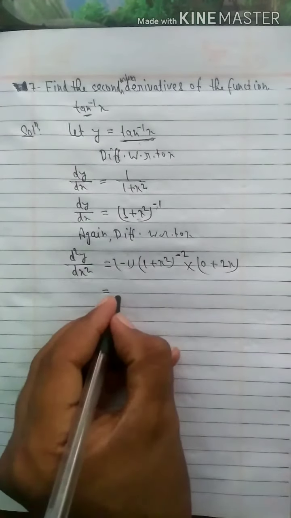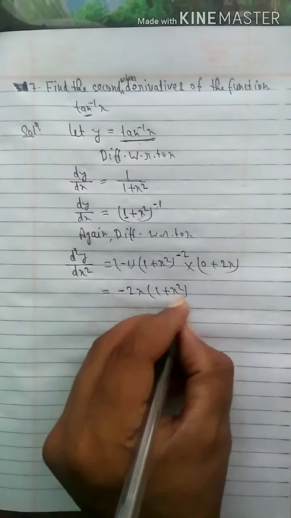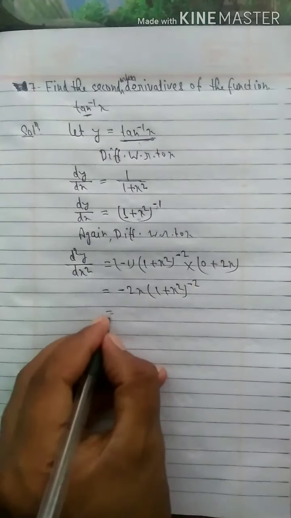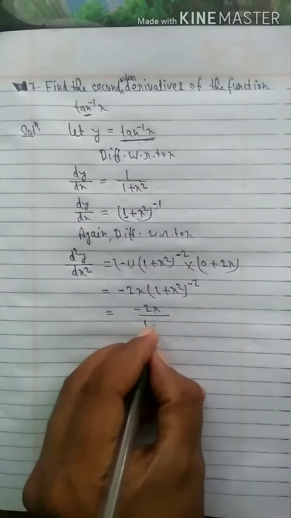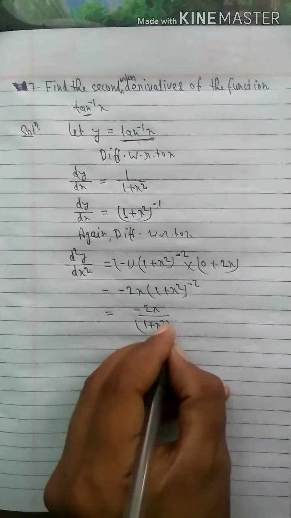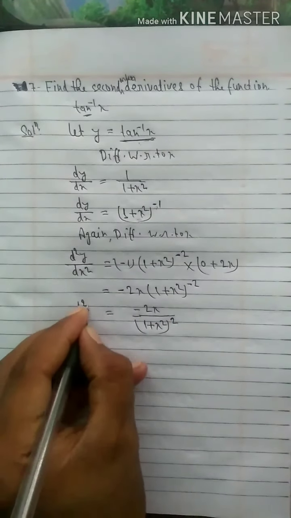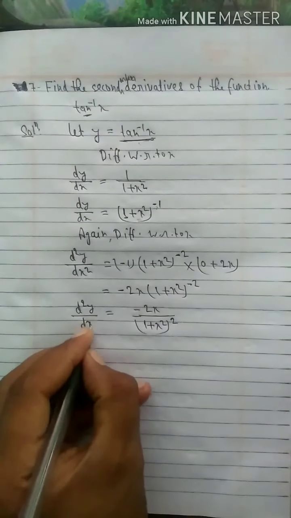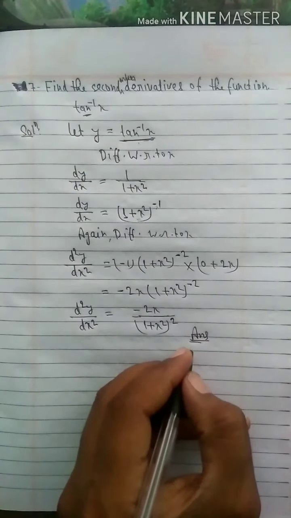So multiply: minus 2x into 1 plus x square whole to the power minus 2. And now we can write minus 2x upon 1 plus x square whole to the power 2. So this is the second derivative. This is your answer.